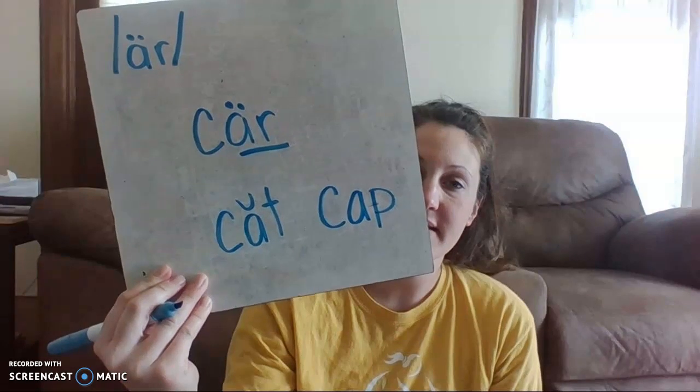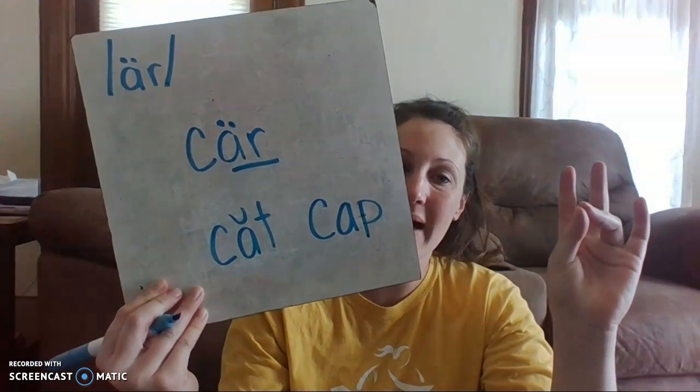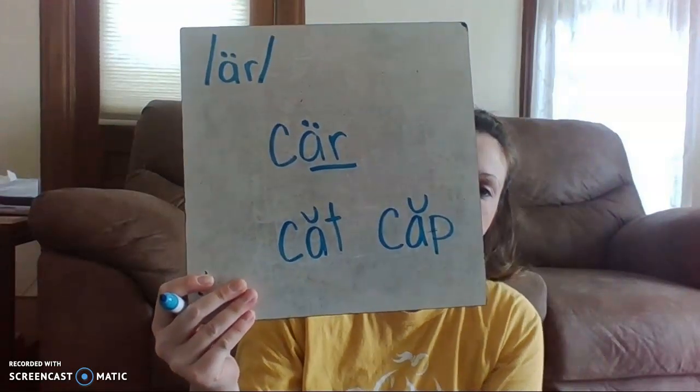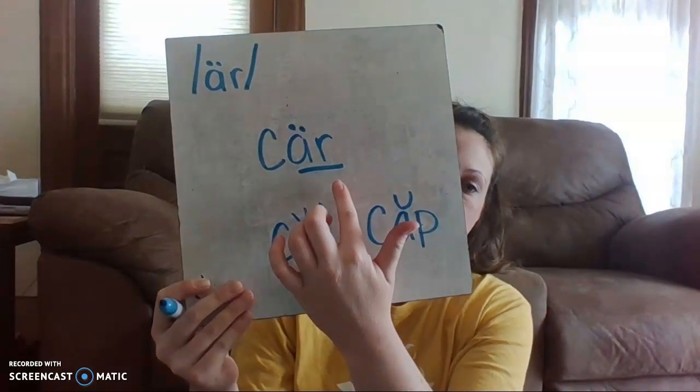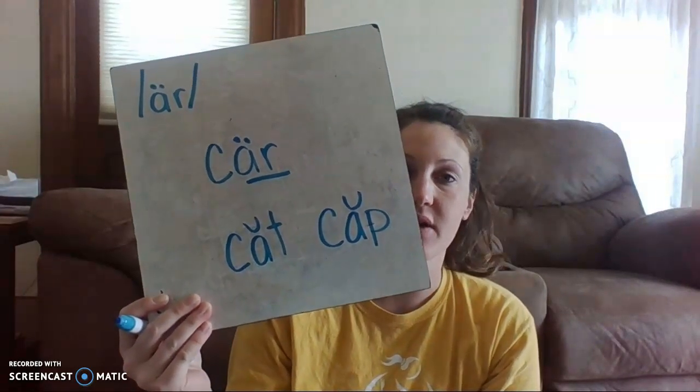Again, this time we hear the K-A-P. We hear a short A, and we hear the consonants making their sound. So again, these words are different than the word car because A-R makes its own sound, R. The R says its name and the A is silent.